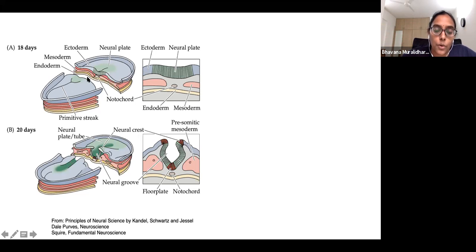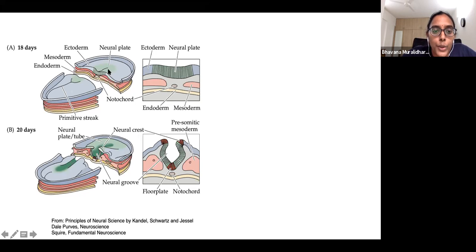So gastrulation, as you all would have learned in some of your previous classes in DevBio, is the formation of the 3 germ layers, the ectoderm, mesoderm, and the endoderm. And what is quite important at this stage for the formation of the neural plate in the ectoderm is the formation of this region, this zone here, which is called the notochord, which is formed, as you can see here, by the invagination of the mesoderm.